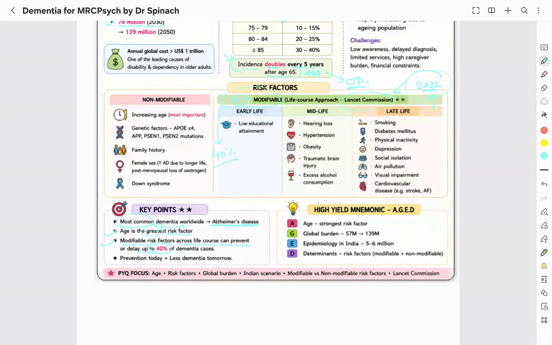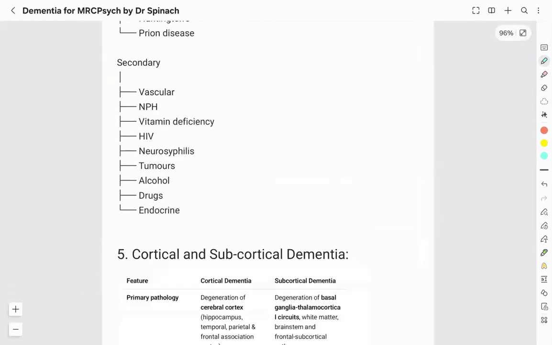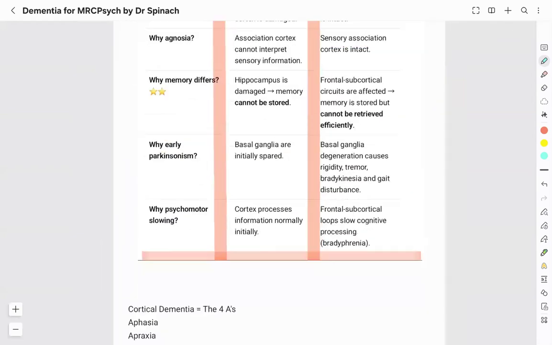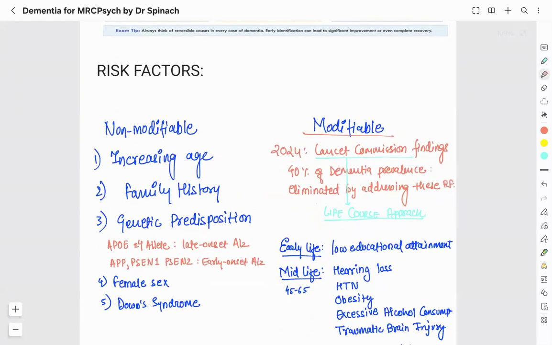They divided them into three: early life, midlife, and late life. Early life involves addressing low educational attainment. Midlife, hearing loss, hypertension, obesity, traumatic brain injury, and excessive alcohol consumption. Sorry, it's 2024, not 2022.